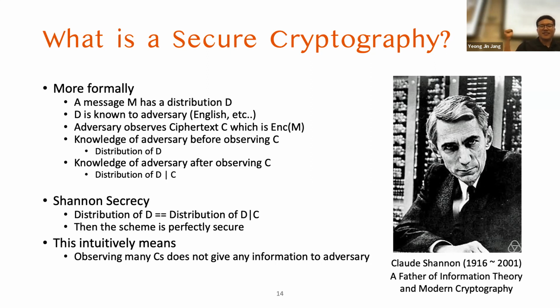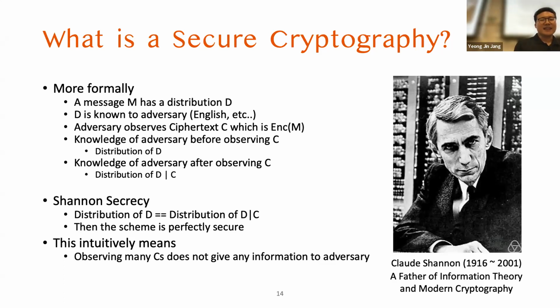That's the knowledge of the adversary. So Shannon's definition of secrecy is that when the attacker knows only the distribution of English, and when the attacker also observes the ciphertext and knows the distribution of English, those two distributions are exactly the same.